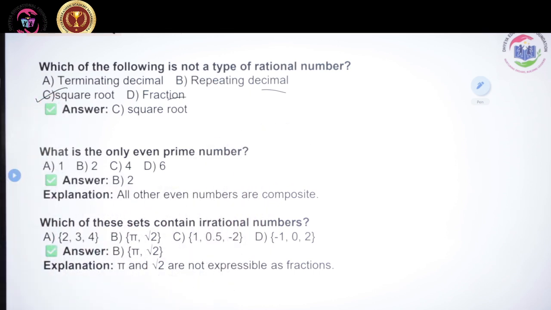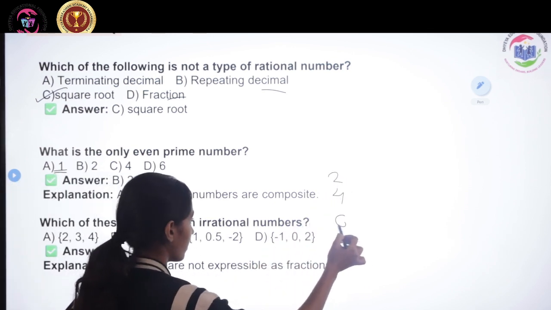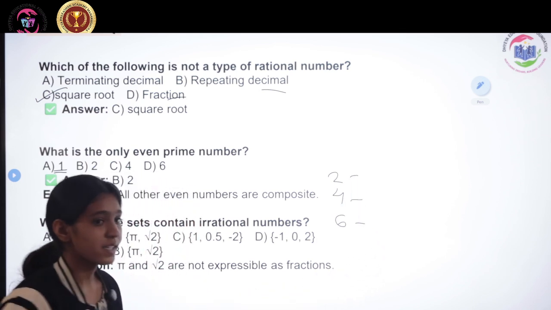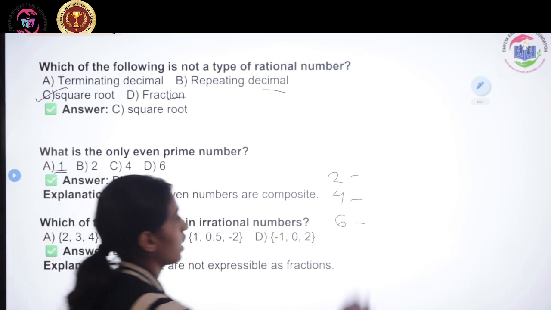What is the only even prime number? We have to find a number that is even and also prime. Option A 1, B 2, C 4, D 6. First find out which ones are even numbers, then we will check whether they are prime. 1 is an odd number, 2 is an even number, 4 is also even, 6 is also even. Let's find the factors of each number. The factors of 2 are 1 and 2.